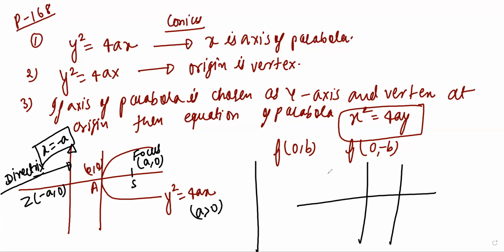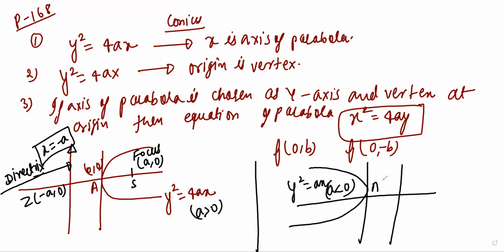Next, this is also the equation of a parabola, y square equal to 4ax, but here a will be less than 0 because it is in the second quadrant, right?